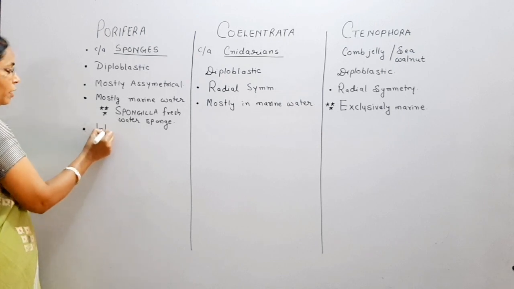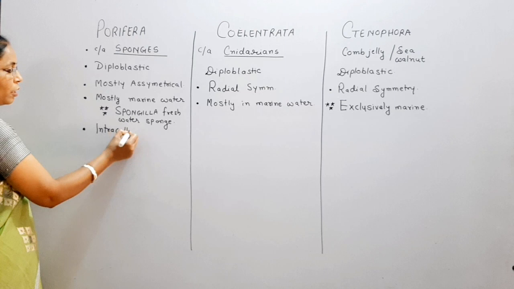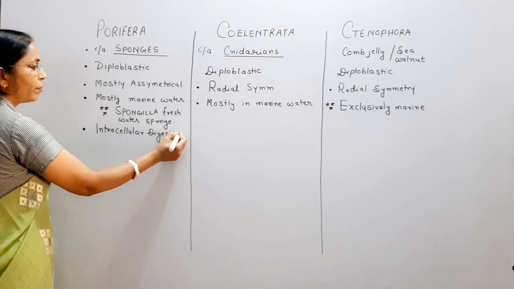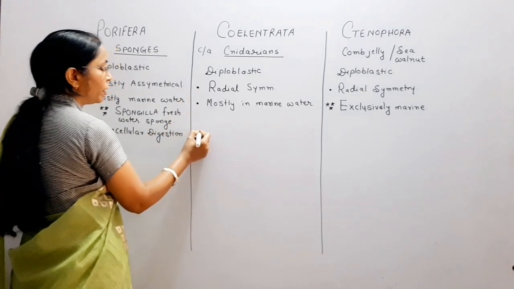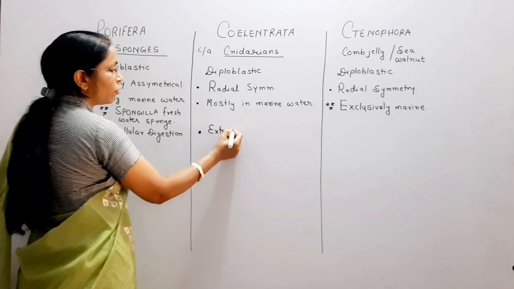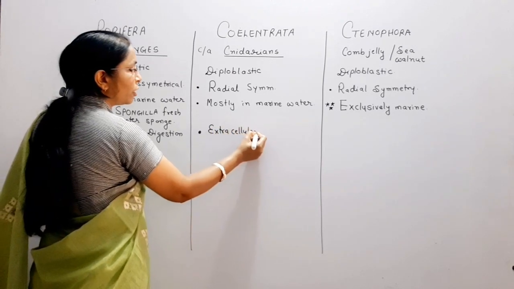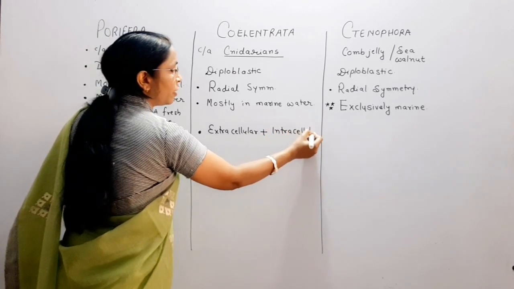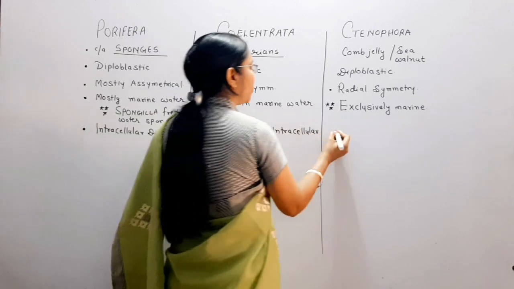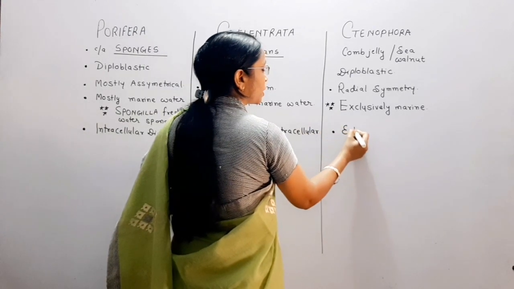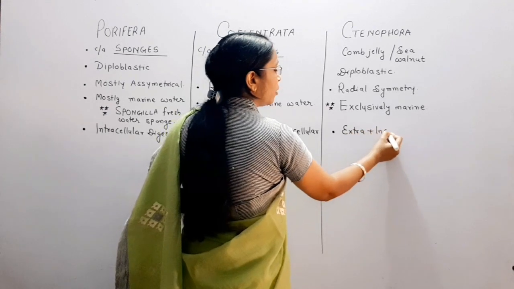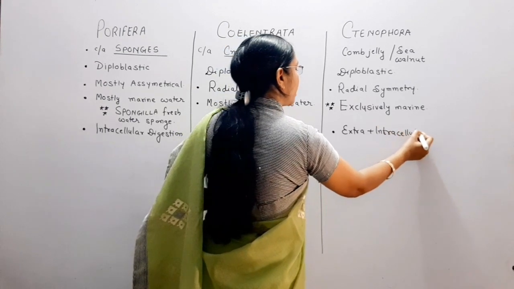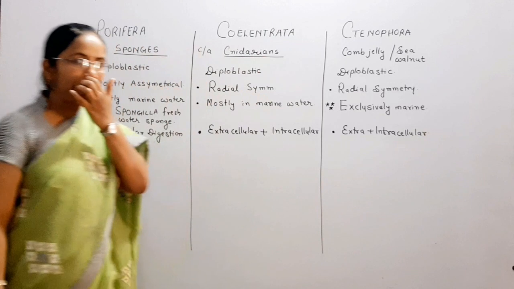Digestion is intracellular in the case of Porifera, whereas Coelenterata show extracellular as well as intracellular digestion, and similar to coelenterates, Ctenophora also show extracellular as well as intracellular modes of digestion. So the digestion part, whether it is extracellular or intracellular, is clear.